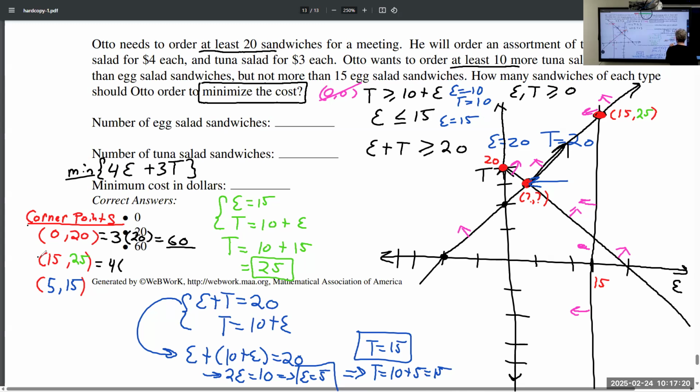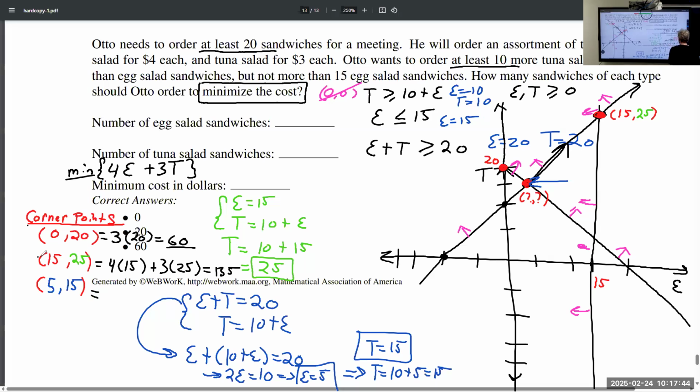This is 4 times 15 plus 3 times 25. That's 75 plus 60. 135. So that'd be $135 if they go that way.